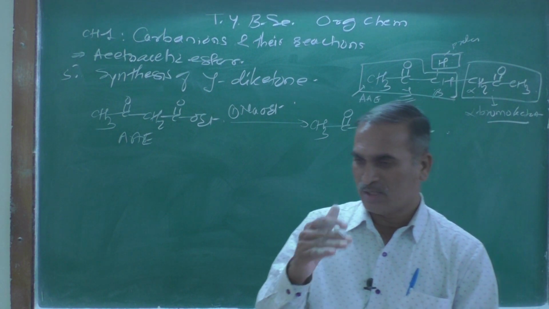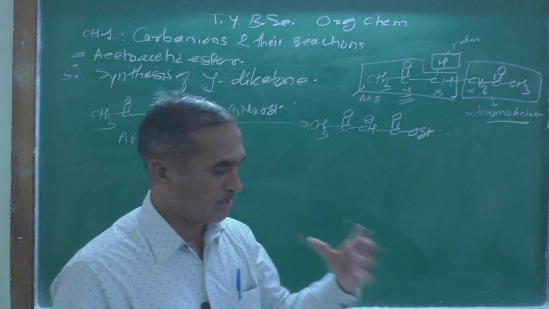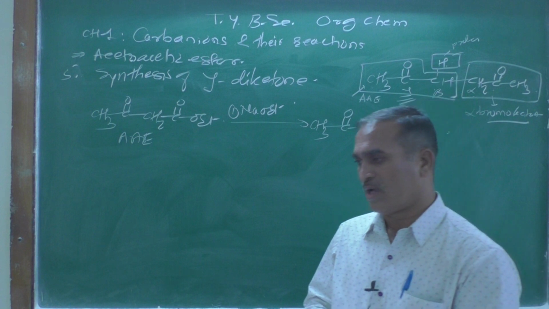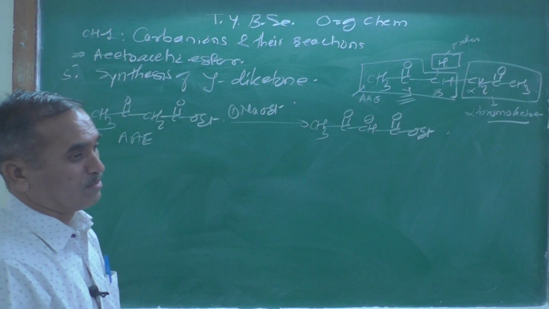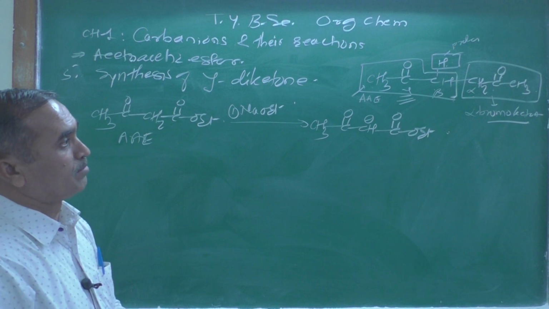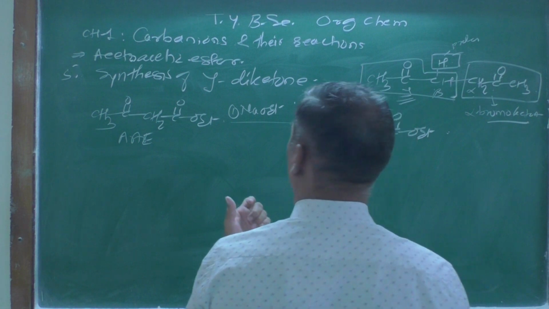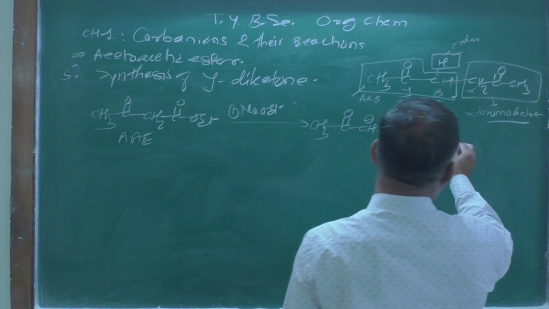Number 1, the percentage of s character of the carbanion. Number 2 is inductive effect. Number 3 is resonance effect. And number 4 is aromatization.